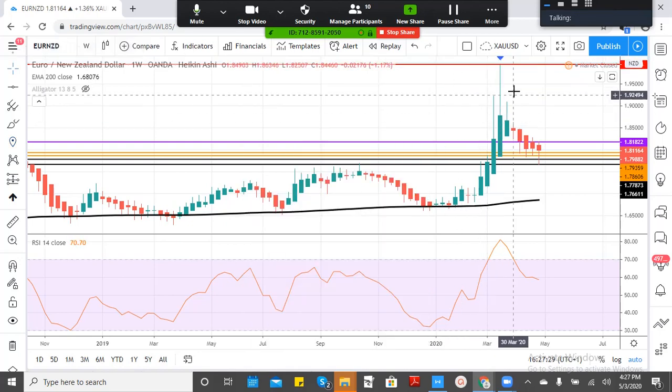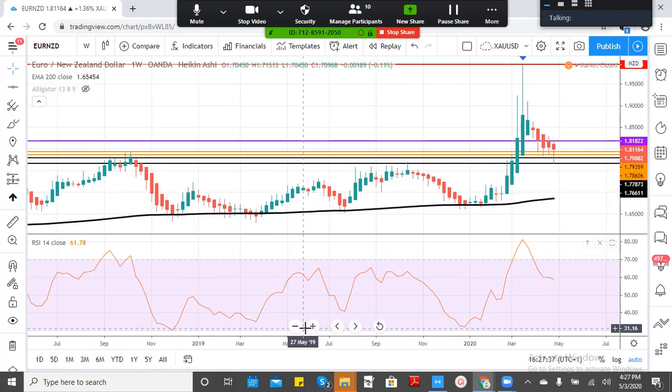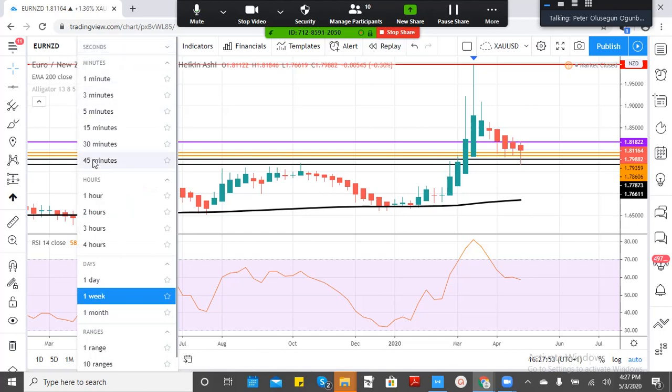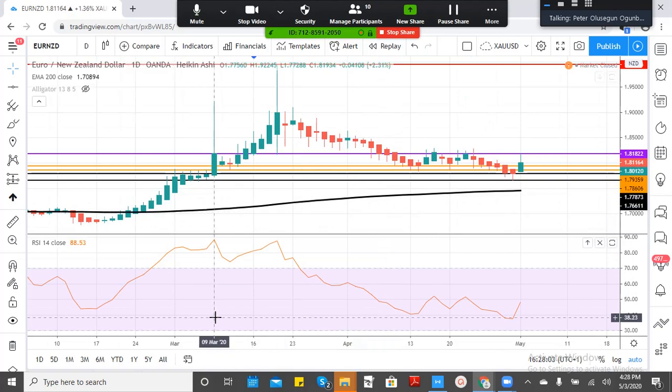Now, I know this is the point I want to concentrate on, and how I want to work around there. That's the 16th of March. So let me now switch back to the daily candle. I would have used my 4 hour, whatever. I will still go to 4 hour on that level. Good.